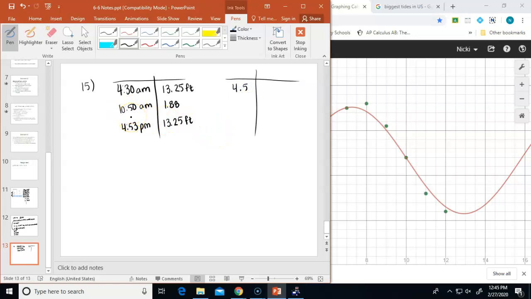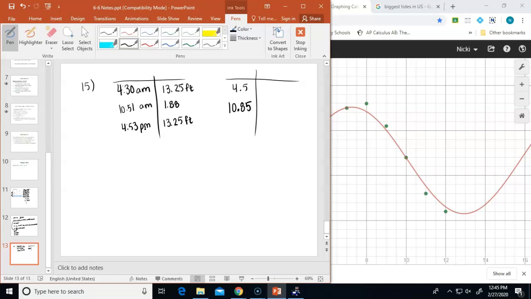10:50 a.m. you're going to have to do 50. Oh, I'm sorry, that should be 10:51. So you'd have to do 51 divided by 60, and you get 10.85. And then 4:53 p.m., you're going to do 53 divided by 60, which is going to give you 0.883 repeating.